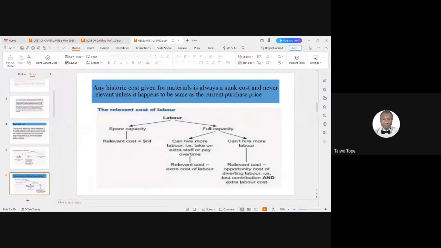So it will be given in the question that the contribution of Department A will be 20 naira. But because these people are not there, these 20 naira will not be achieved.